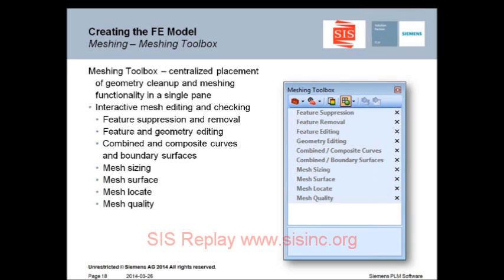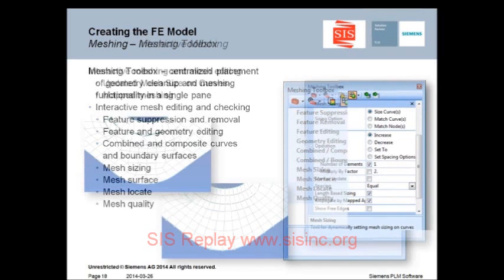Mesh locate can help you find areas in the mesh that you might want to change. And finally, the last one there is mesh quality, and you get a red-green plot of the mesh, and it shows you, according to various different criteria, how your mesh will stack up, basically, as far as quality is concerned.